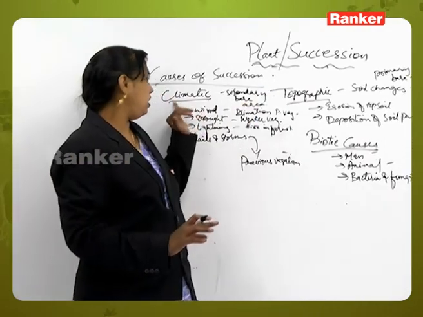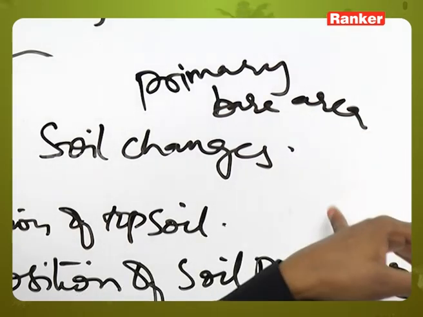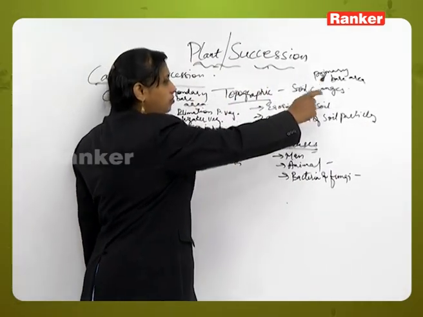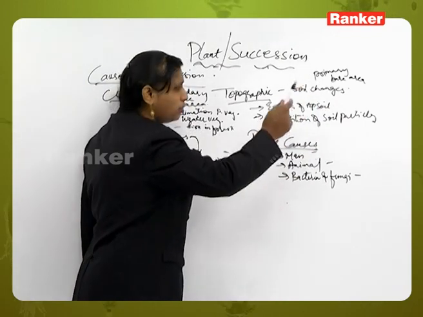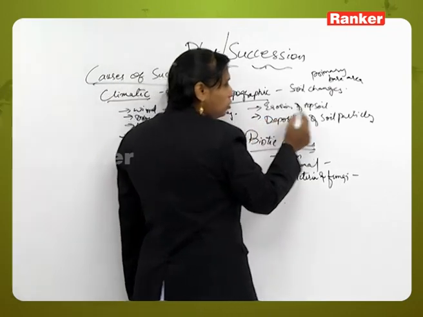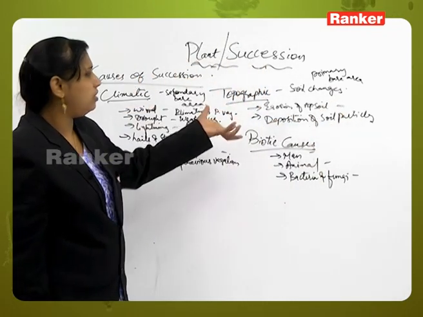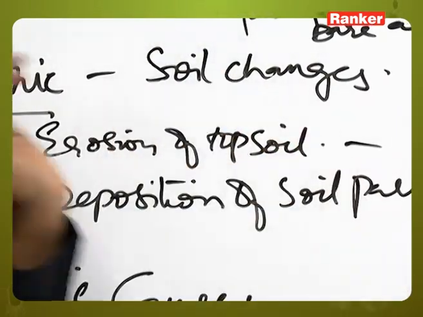So it will lead to secondary bare area development and changes in the primary bare area. This will lead to changes in both soil factors, the habitat, and the growth of the plant. Here the erosion of topsoil will occur by wind, gravity or volcanoes.